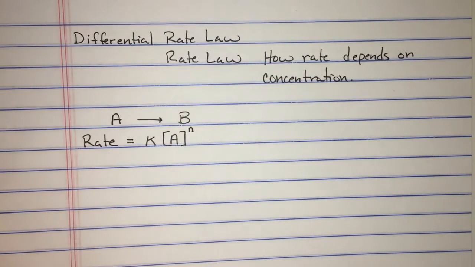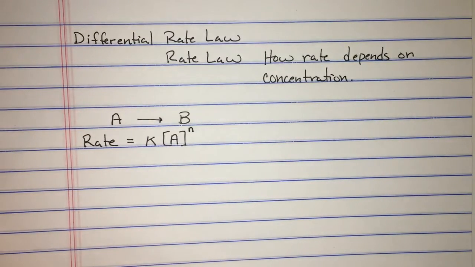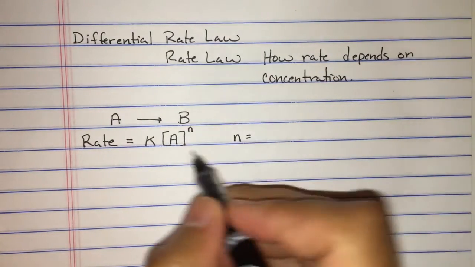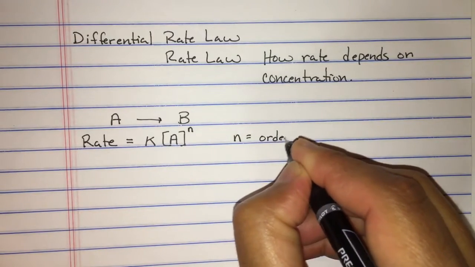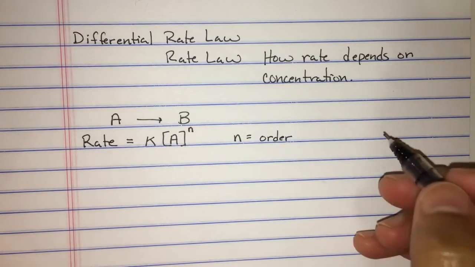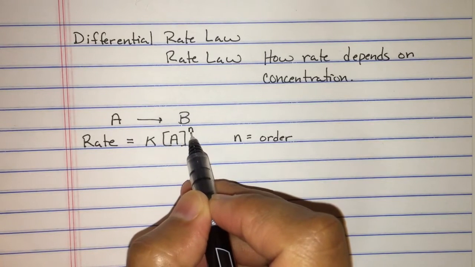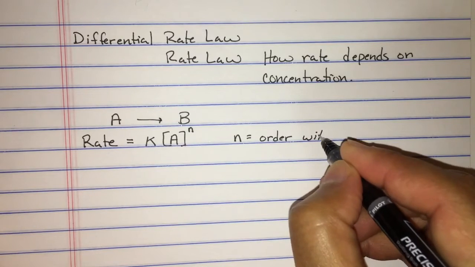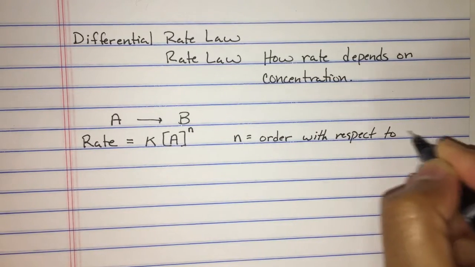I'll go ahead and call it N. Notice how A is in brackets, so that means that this is the concentration of A. N, that exponent, is the order of the reaction with respect to that reactant. So in this example, N is associated with A, so N is the order with respect to A.